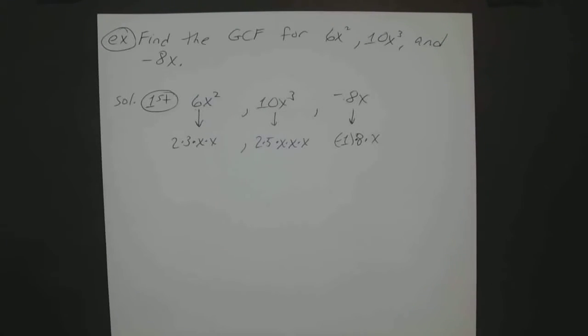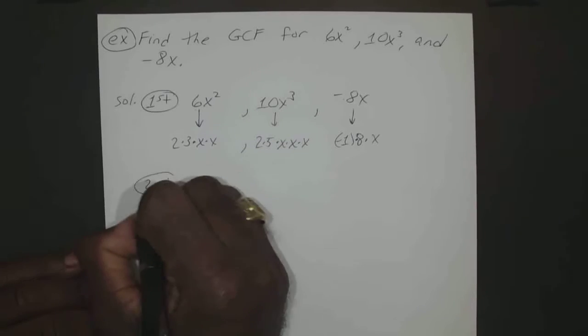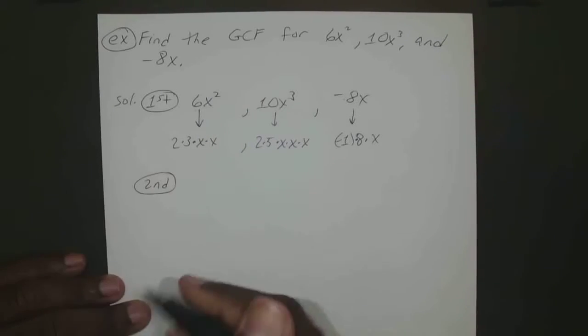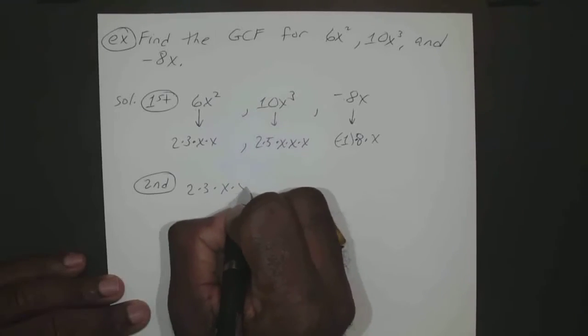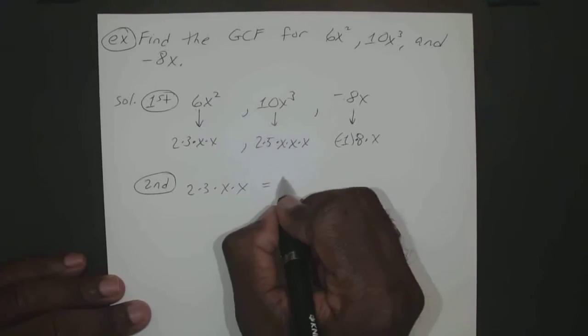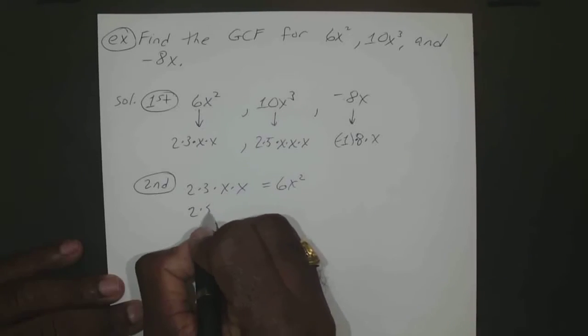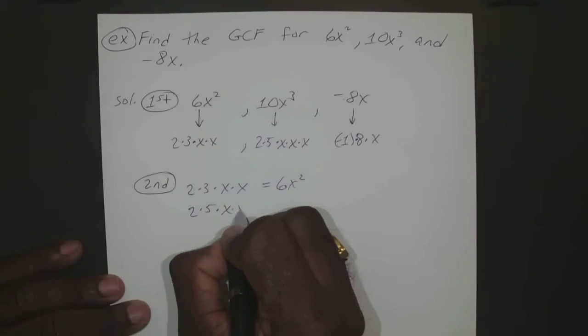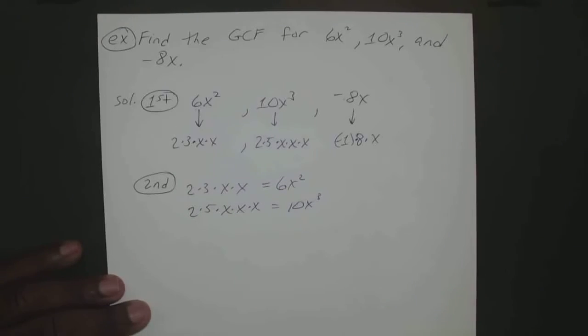Okay, so your second step is you want to identify the common factors. So for this one, 2 times 3 times x times x is your 6x squared. 2 times 5 times x times x times x is your 10x to the third.